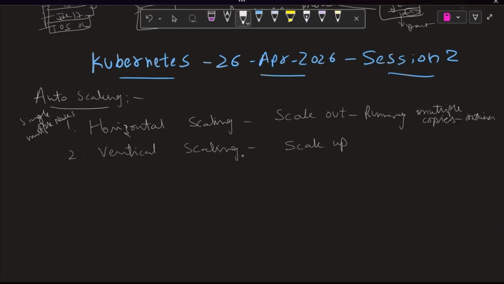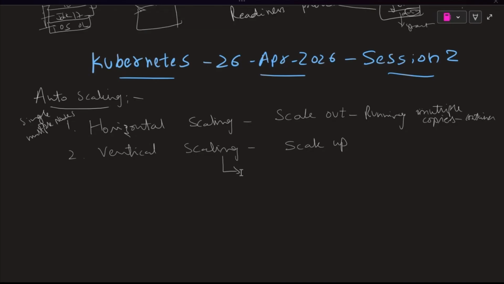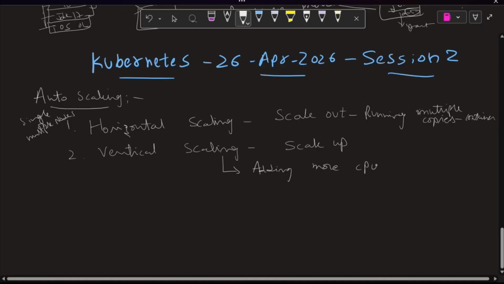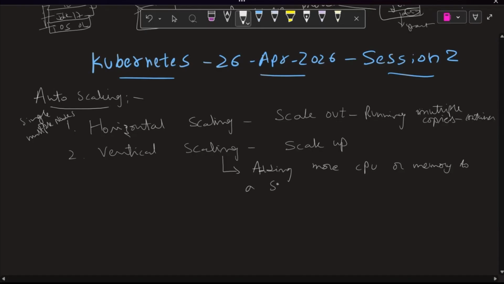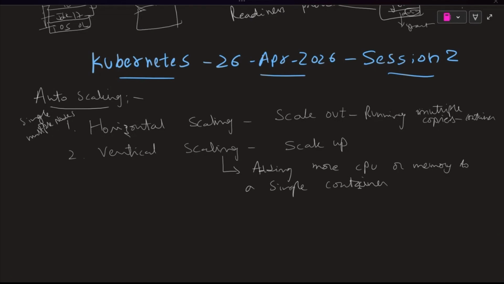So vertical scaling, what does it mean? Adding more power, more CPU or memory, to a single container. So this is vertical scaling, or scaling up. Vertically, you're giving more power to your container itself.